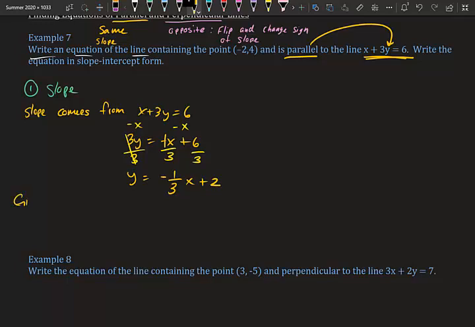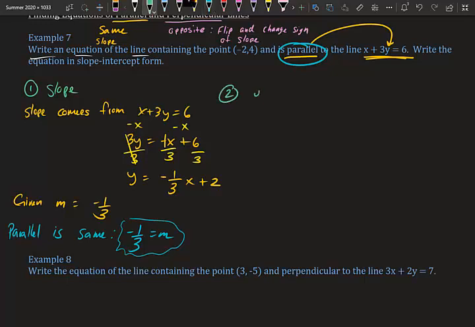So the given slope is -1/3. And since it states it wants to be parallel, the parallel slope is the same, which is -1/3. So we're going to use -1/3 as our slope.